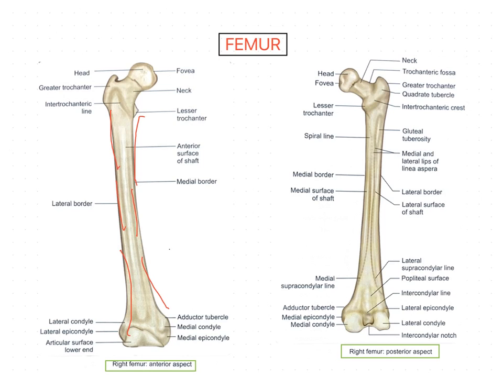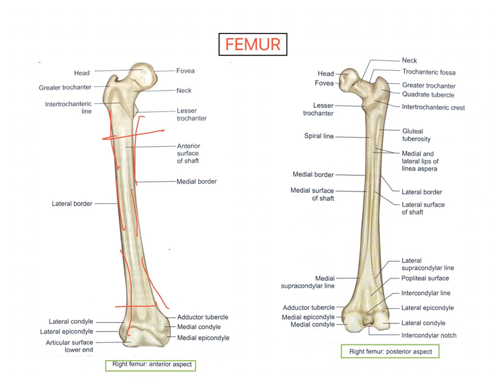This shaft possesses three borders: lateral, medial and posterior, and four surfaces in its upper and lower thirds, but only three surfaces in its middle third.